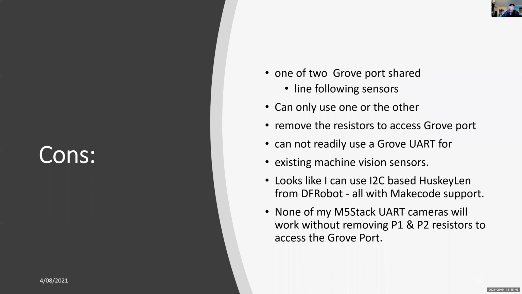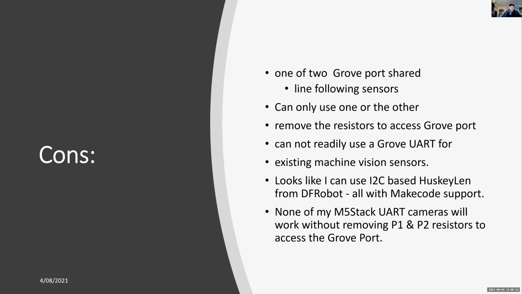Some of the cons: I was a bit disappointed that while there are 2 Grove ports available, one of those ports is pretty useless, particularly if you want to use the line following sensors. And that means that I can't use my Grove UART sensors, such as machine vision sensors.